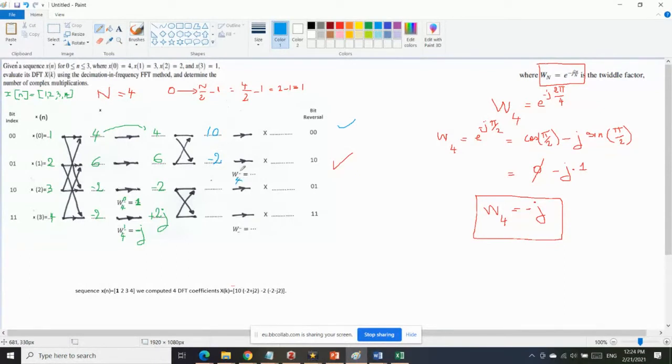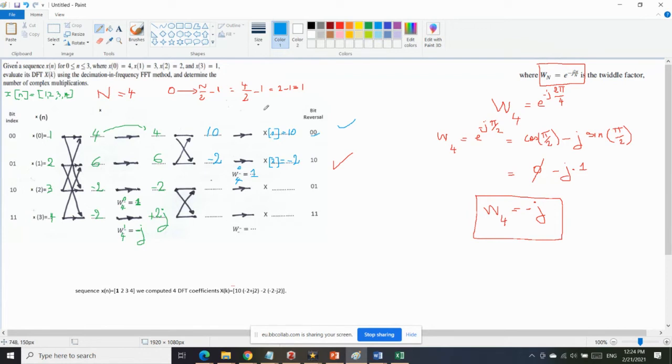Then to the factor W4 to the power of 0 اللي هو 1. ال 10 تقعد 10. طبعا which one is this? X 0. Index حقتها 0 is 10. هنا it is X2. We're computing X2. It is minus 2 times 1, so it's minus 2.